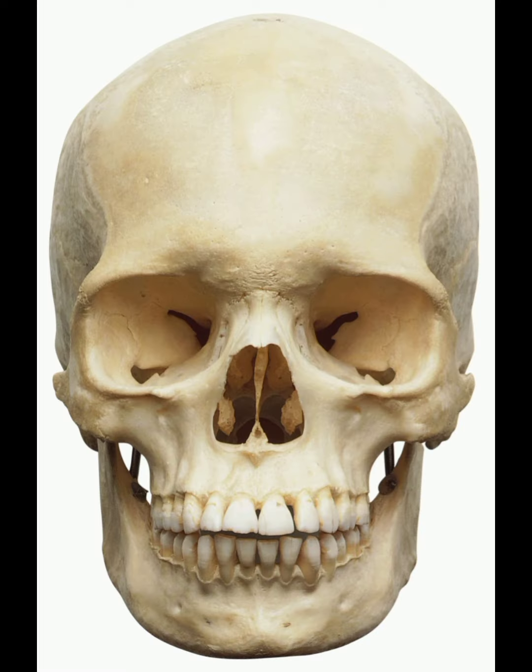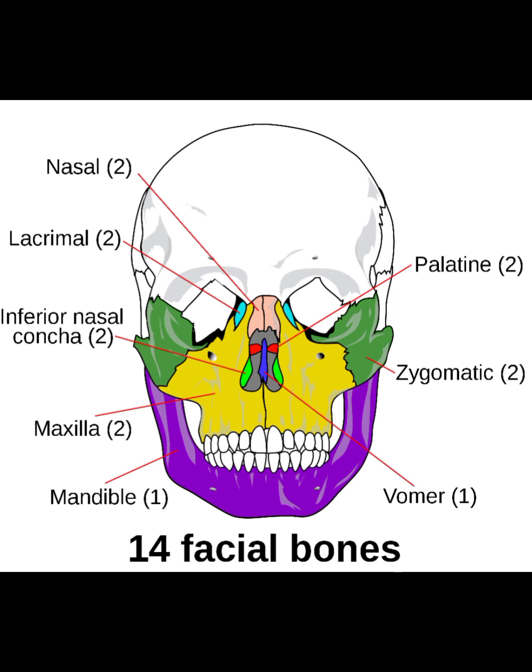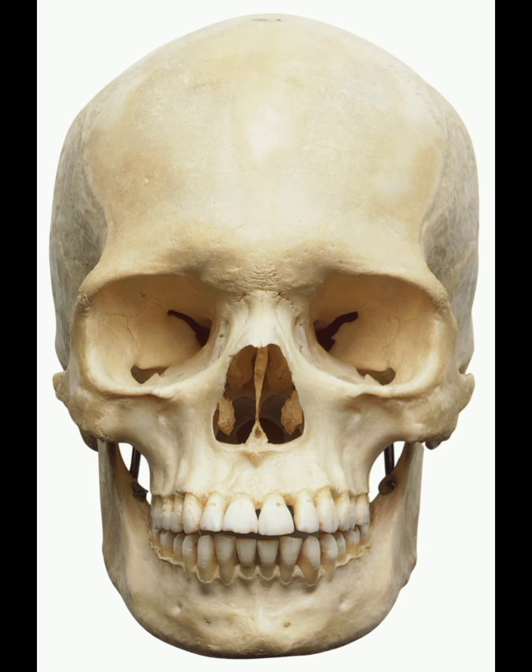So we have 8 bones in the cranium and 14 bones in the facial skeleton. Of these, only two are single bones, such as the frontal bone, which forms the forehead and articulates with the nasal bones, the maxilla and the zygomatic bones in the formation of the face.